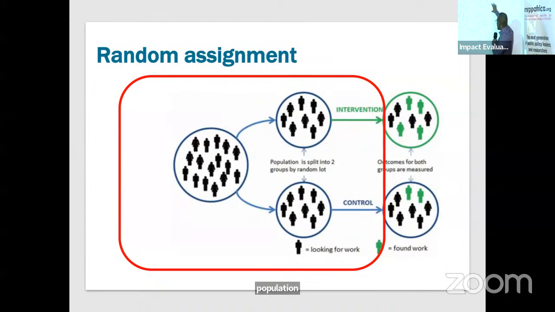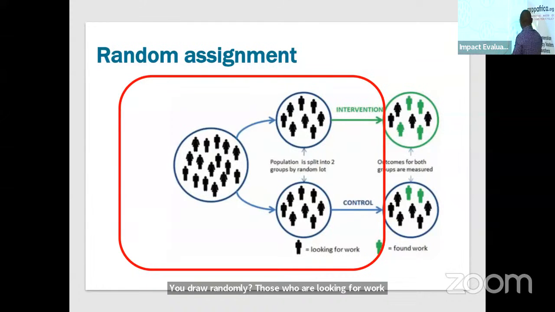You split the population into two groups by random lot, you draw randomly. Those who are looking for work here, and others not looking for work for some reason. And then out of these, you draw another random sample. You get some here, you get some here. And these ones got work, and those did not get work.